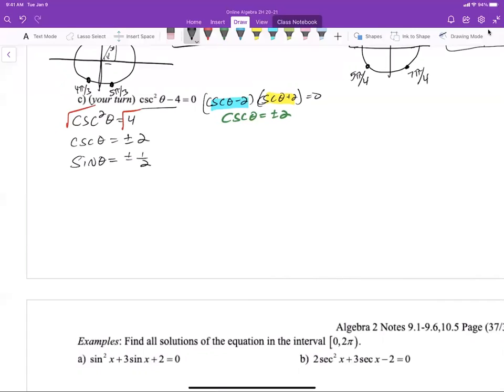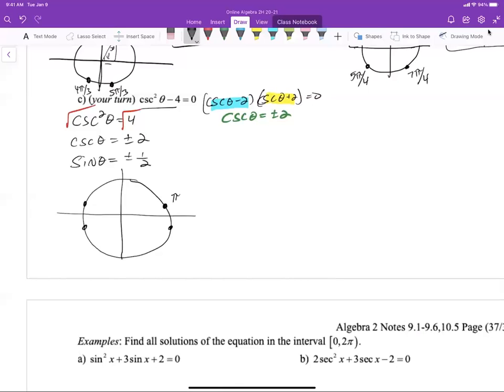Now I need to find where on my unit circle I have angles such that my y-coordinate is positive and negative 1/2. So if I draw my unit circle, whoops, that's a terrible unit circle. Here we go. I need positive and negative 1/2. 1/2 is the short side of that 30, 60, 90. So I need a positive 1/2 and a negative 1/2.